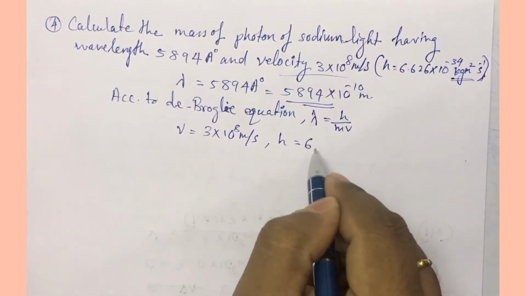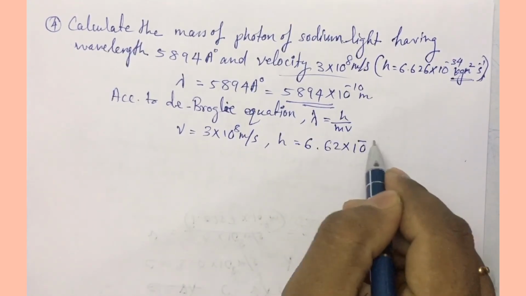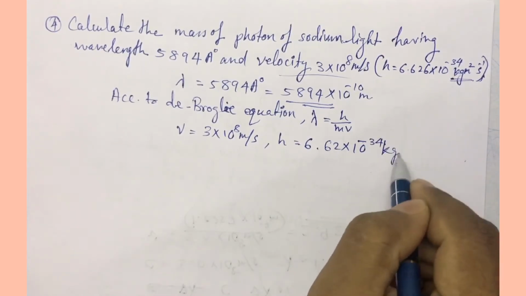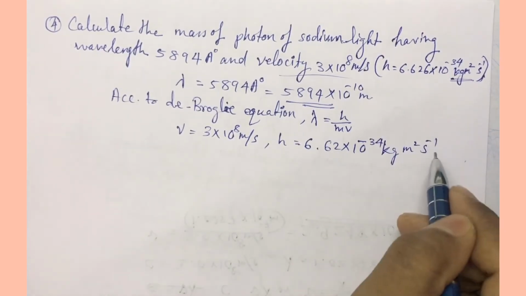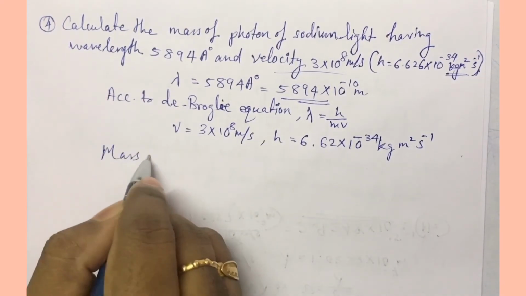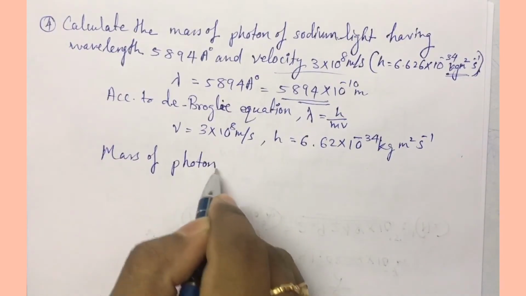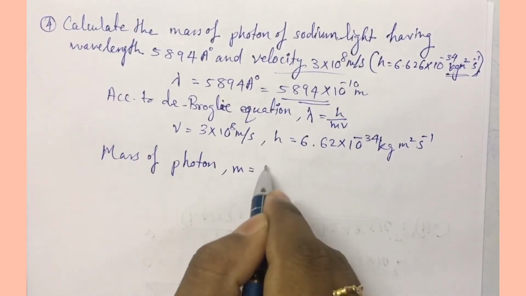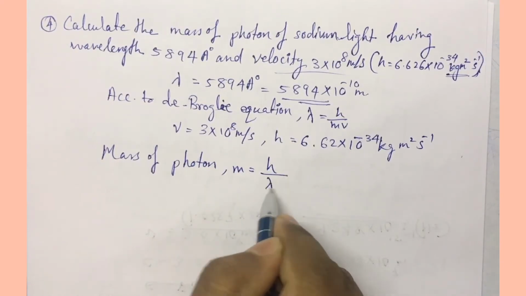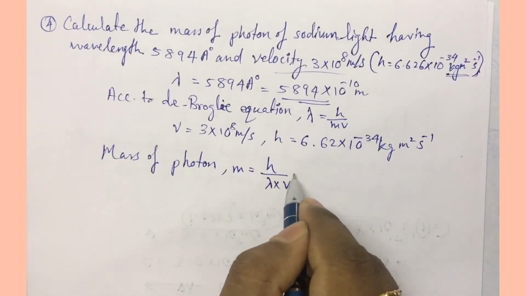Let me write down 6.626 into 10 raised to minus 34 kilogram meter square second inverse. Now mass of photon, m is equal to h divided by lambda into v, that is velocity.